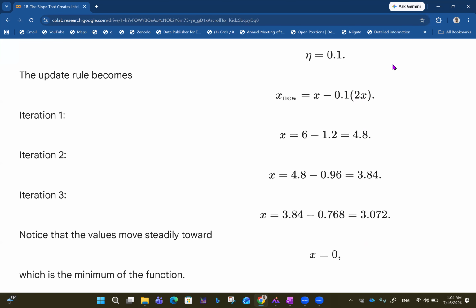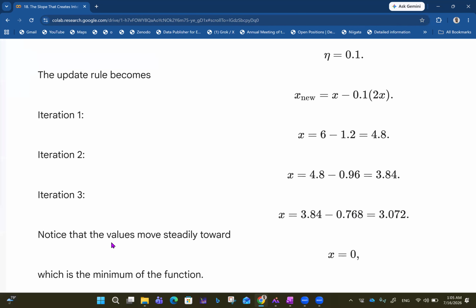Next, 4.8 minus 0.2 times 4.8, that's 0.96, you get 3.84. That's the second iteration. Third iteration, you have 3.84 minus 0.2 times 3.84, which is 0.768, that gives you 3.072. And it keeps going like that.